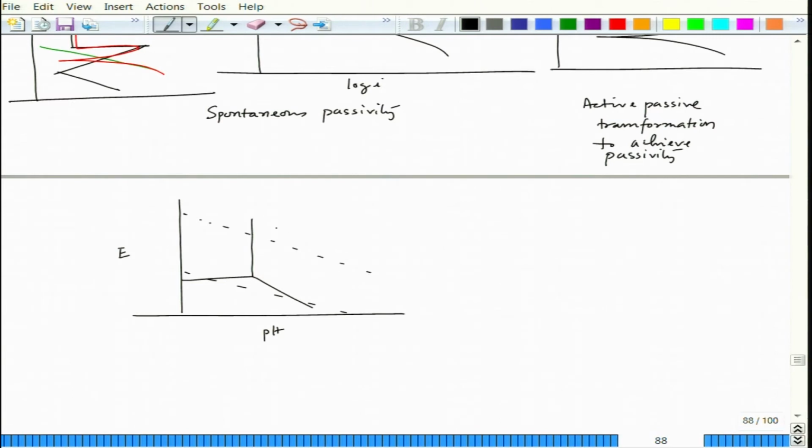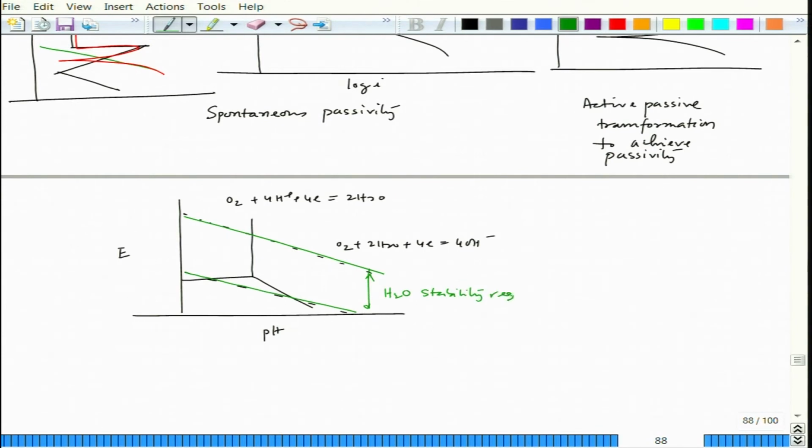Oxygen line means we have two reactions: O2 plus 4H plus plus 4e equal to 2H2O, and another reaction can happen: O2 plus 2H2O plus 4e equal to 4OH minus. In the case of the hydrogen line, let me draw both lines in blue and green color. These are the two lines.